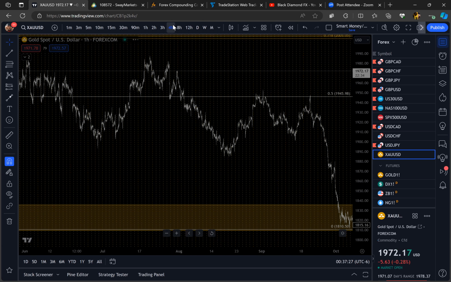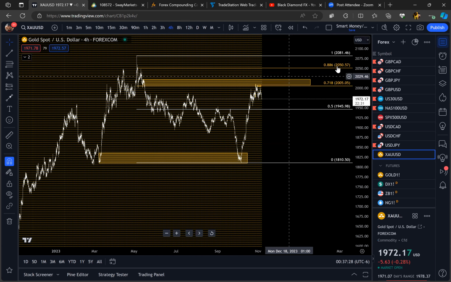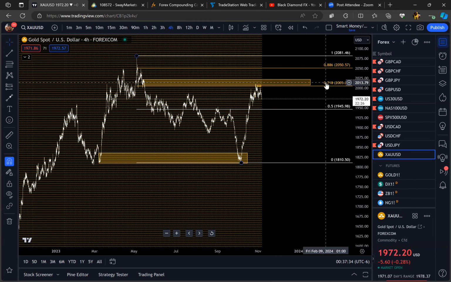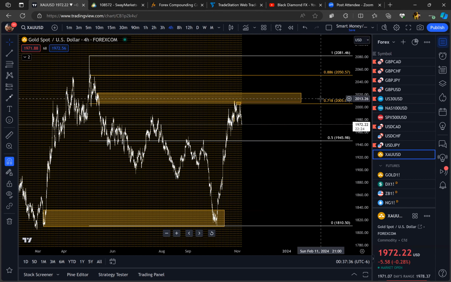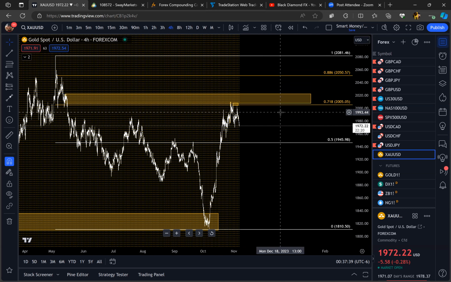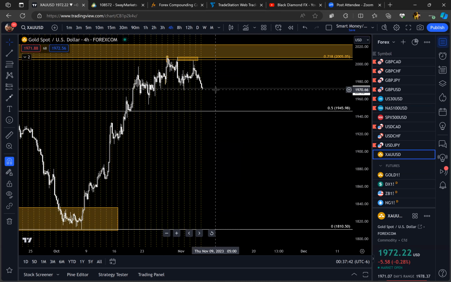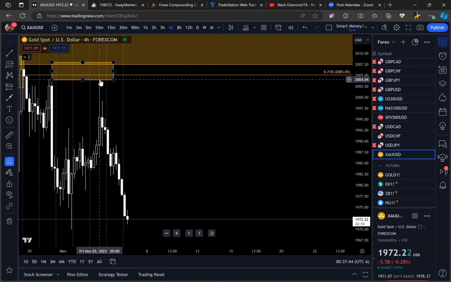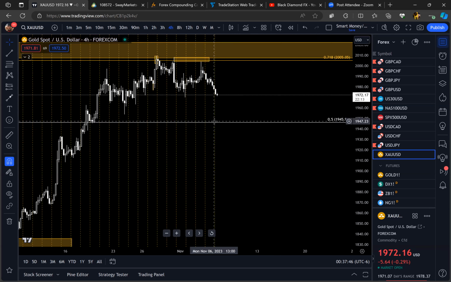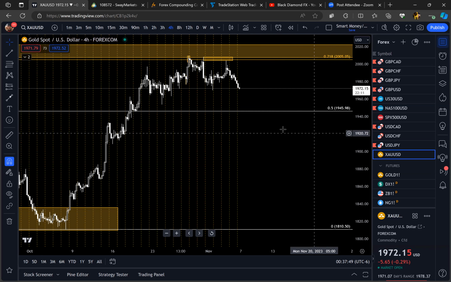Hold on one second. The Fibonacci setting I have, it tapped right into it, and that's my 2.2 Fibonacci. 886 and 718 is my golden area. But look how this has been dropping. It even tapped my smaller zone right here. I mean, tapped it, boom, hit it down. I wanted to show you guys that.